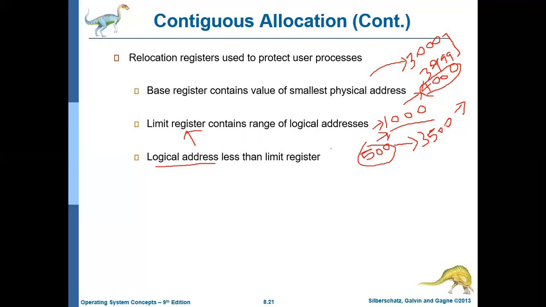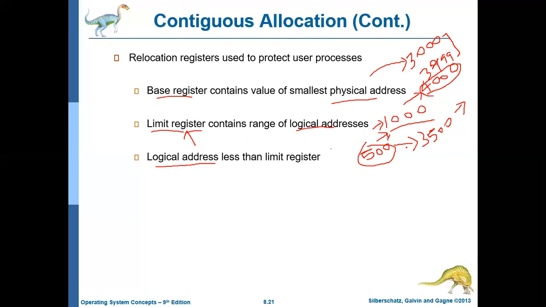So this is how the concept of logical and physical address works, right? Whatever is stored in the base register will always be a physical address. Whatever is stored in the limit register will always be a logical or relative address. The CPU initially creates a logical address, and that will be compared with the limit register to ensure that the value produced by the CPU is less than the limit register.